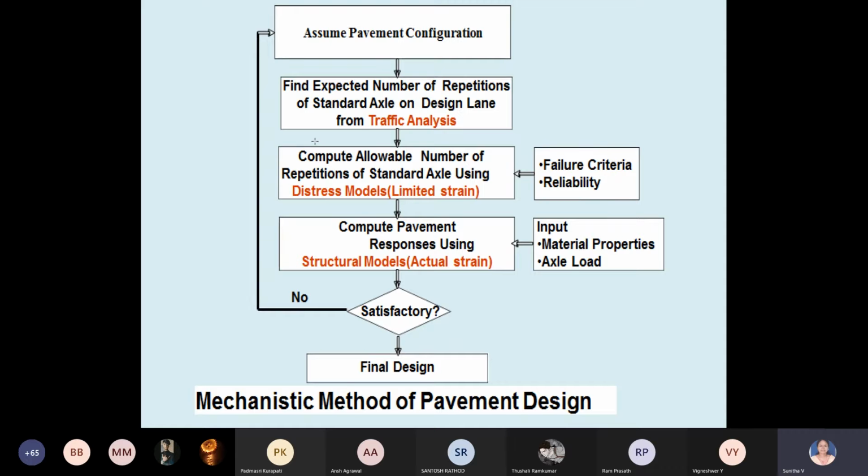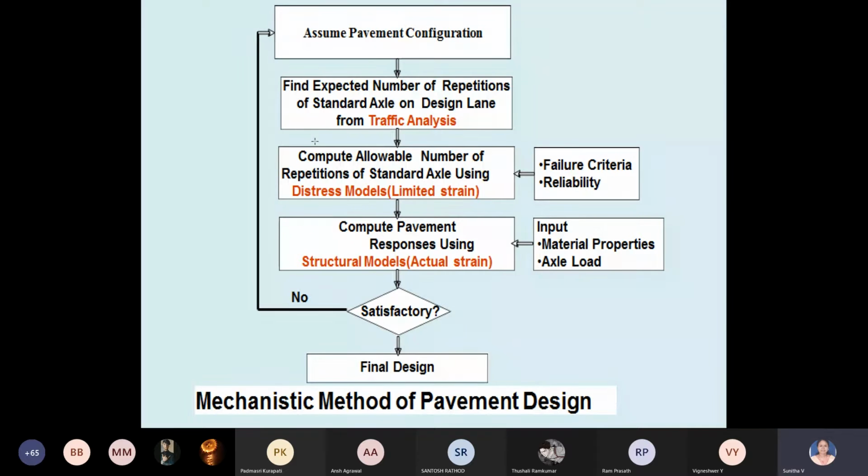To restrict the distress, that is rutting or fatigue cracking, what is the allowable number of repetitions, so that it won't cause rutting or fatigue cracking, based on the failure criteria and reliability. The reliability can be 80 or 90% depending on the category of the road and how important it is. Next is to compute the pavement response using the structural model.